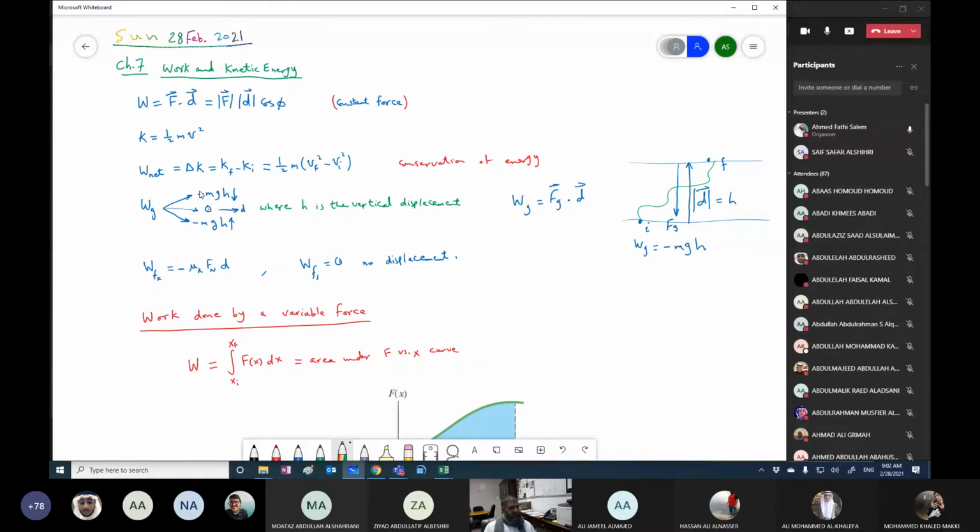But if the object is moving vertically upward, it will be negative, minus mgh, because gravity is opposing the motion. And it would be 0 if the net movement of our object is horizontal, or there is no vertical displacement of the object.